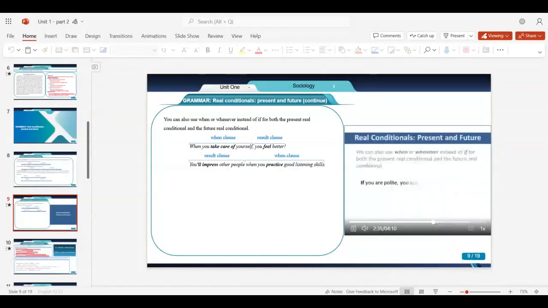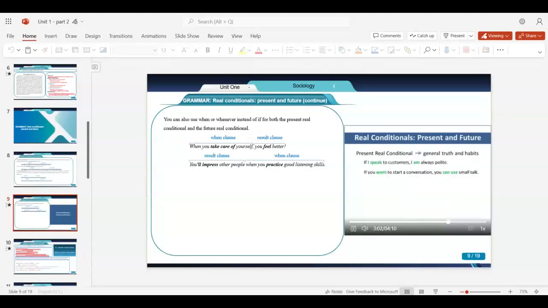We can also use when or whenever instead of if for both the present real conditional and the future real conditional. When you are polite, you appear more professional. When we use whenever, we mean that something happens anytime or all the time. You can call me whenever you need help.